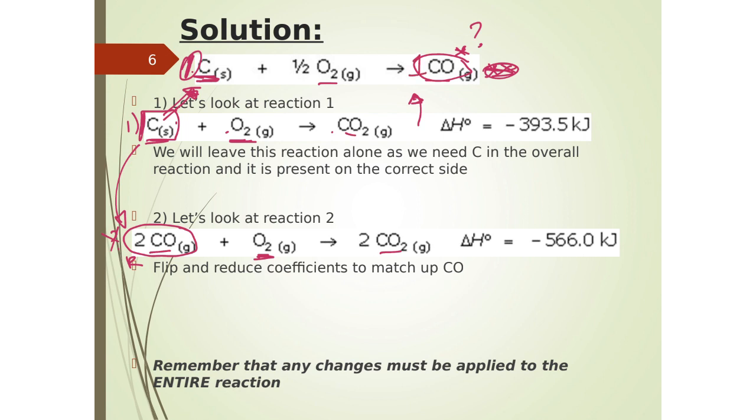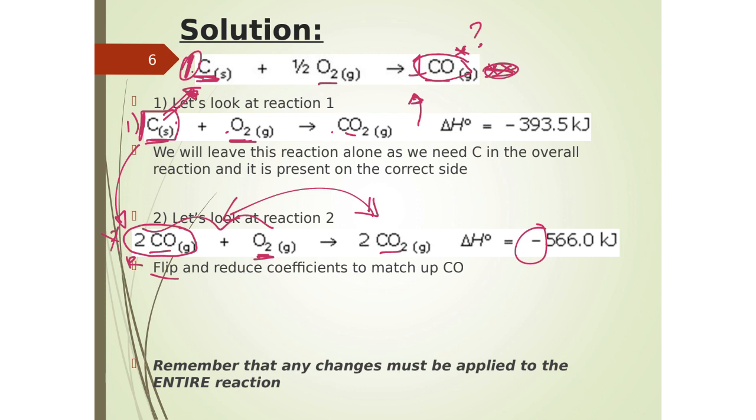So what we can do in chemistry is make the assumption that every chemical reaction in theory is reversible. If we assume that, we can flip this reaction totally around. I can take my reactants and flip them over to products, and my products I can flip over to reactants. When I do that, I have to change the enthalpy sign.